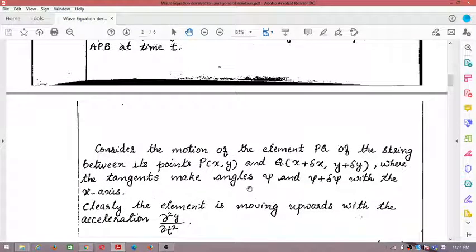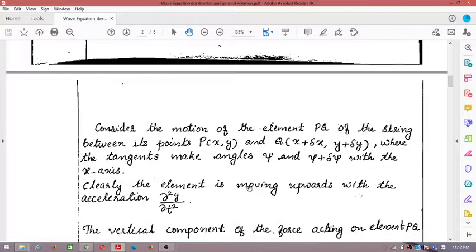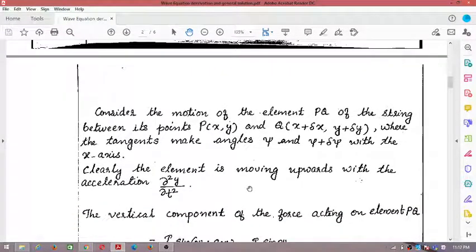Consider the motion of the element PQ of the string between its points at P(x, y) and Q(x plus delta x, y plus delta y), where the tangents make angles psi and psi plus delta psi with the x-axis. Clearly, the element is moving upwards with the acceleration ∂²y/∂t², because the displacement is represented on the y-axis.